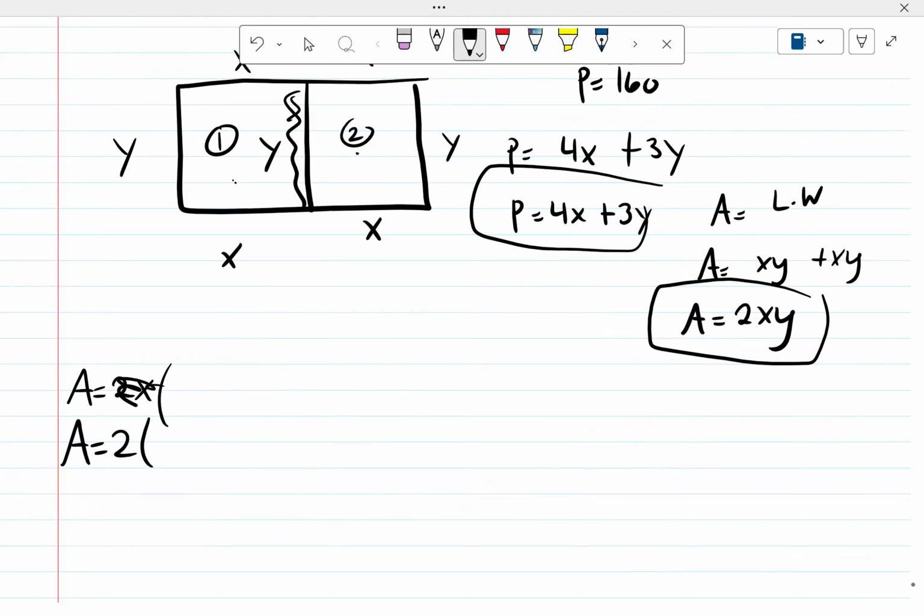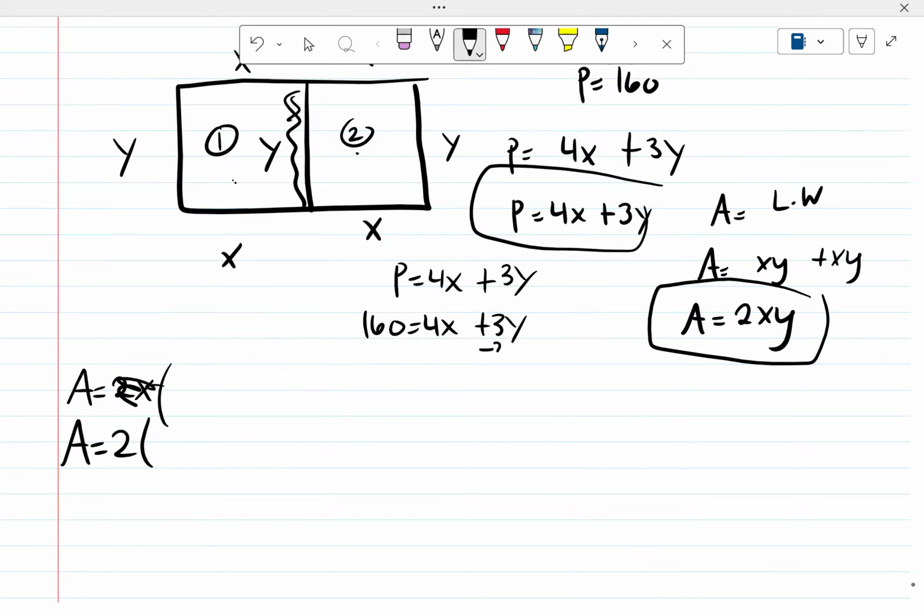This formula. So if per meter equals 4x plus 3y, and then the total per meter is 160, it's going to be 160 equals 4x plus 3y. And let's solve for x.